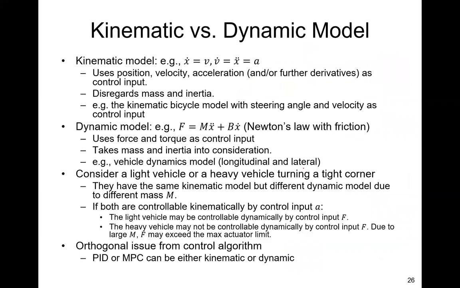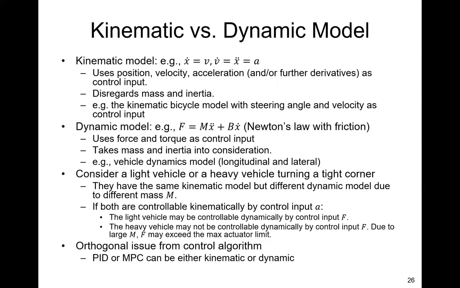I wanted to explain the kinematic and dynamic model, the differences among them. The kinematic model uses position, velocity, acceleration, and or further derivatives. They're called the jerk and the snap and other words, which may be useful for improving rider comfort.